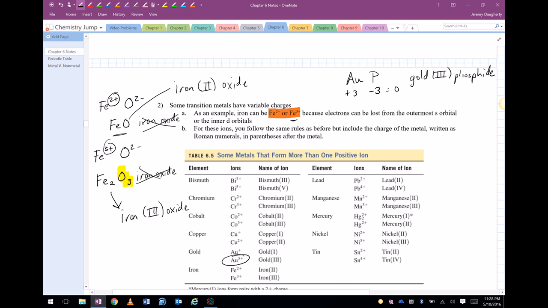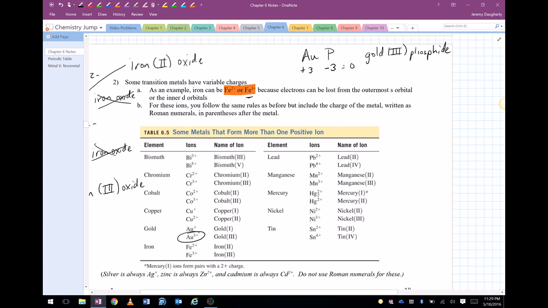Alright? Roman numerals, if you want to know what the Roman numerals are, it's I, II, III, IV, V, and VI. That's usually all we go up to. Alright?